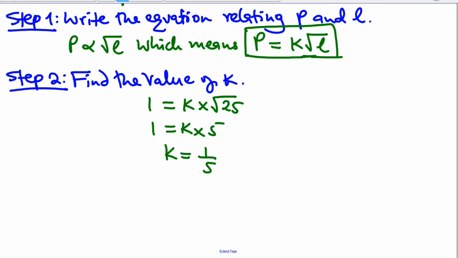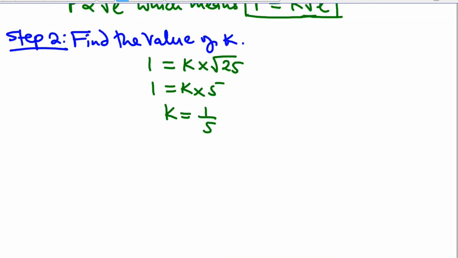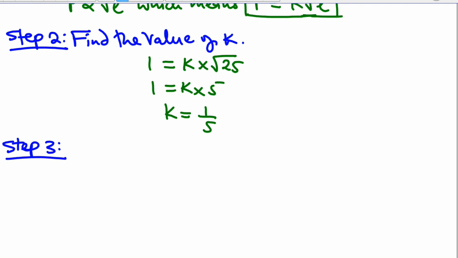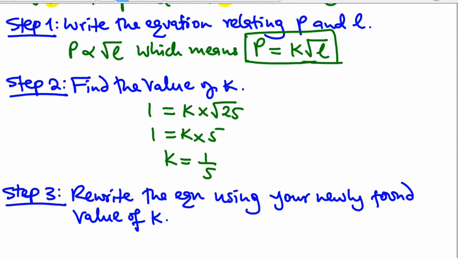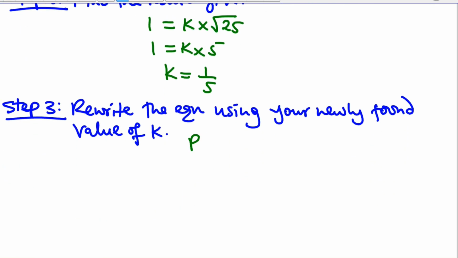So k is equal to 1 over 5, so P will be equal to 1 over 5 square root of L.